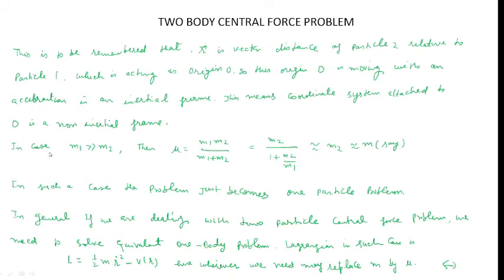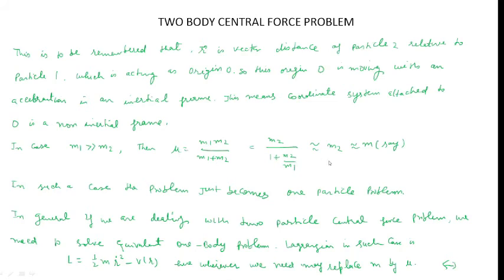Further, if m1 is very much greater than m2, then the reduced mass will be equal to m1 m2 upon m1 plus m2. If you divide by m1, then you get m2 upon 1 plus m2 upon m1, where the term m2 upon m1 will be very small as m2 is very much less than m1.